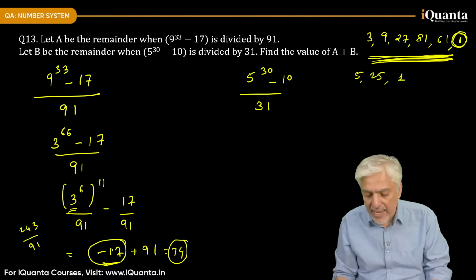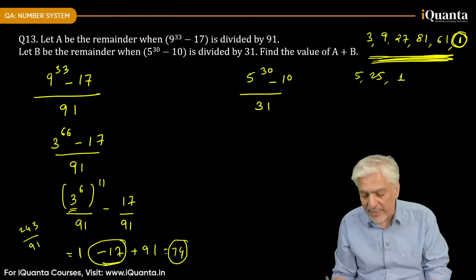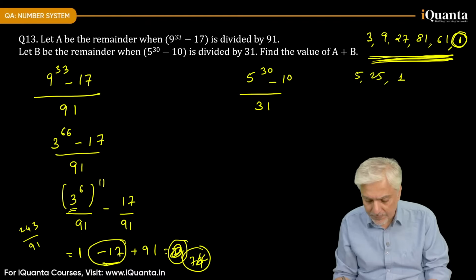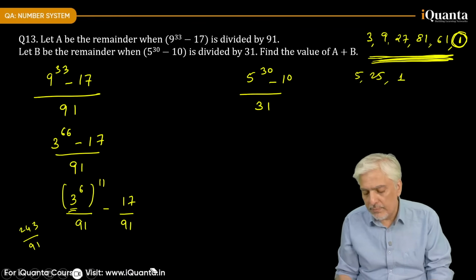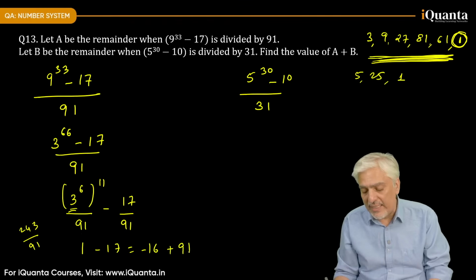My bad. यहाँ का remainder 1 था तो 1 - 17 is -16. ये लास्ट पार्ट वापस कर रहा हूं खाली. My bad over there, I missed the 1. So I'll get 1 minus 17, which is -16, plus 91, so 75 is the remainder.